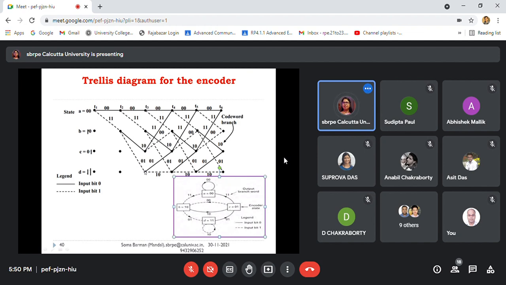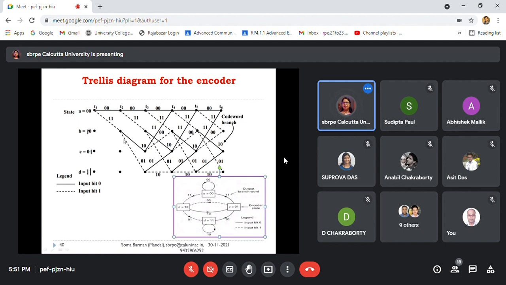Whether you are drawing the trellis diagram right or not can easily be understood from the path. That means the transition from B to C or D, or from B to A. If it is B to A, then there is a chance of a 0 bit transmission.